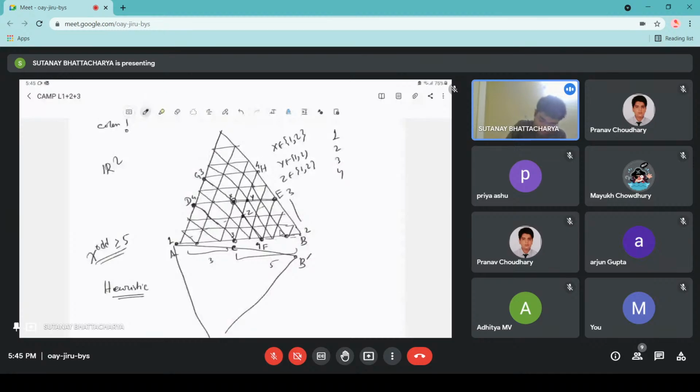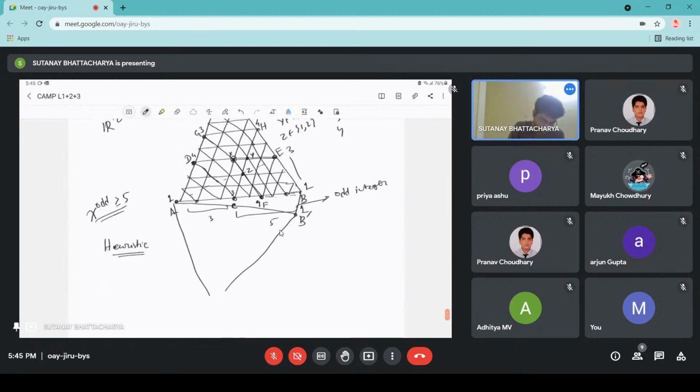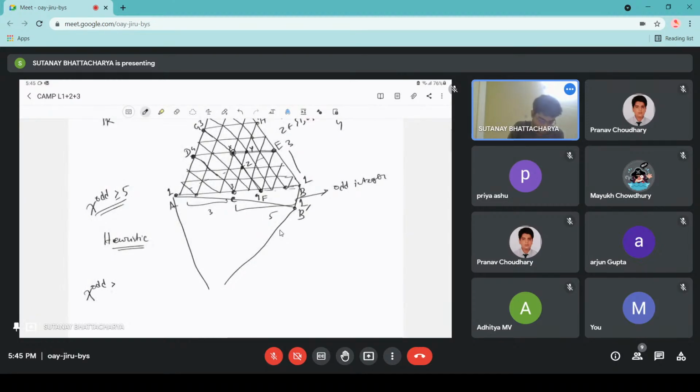By the same logic, this should be color 1 as well. And we can rotate this sufficiently so this distance is any odd integer we want. And that's a contradiction. So that proves the answer is at least 5. Yay.